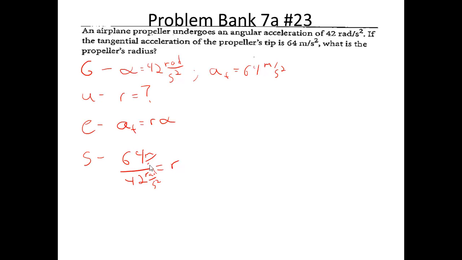Be meters per second squared. Our seconds squared will cancel, and we'll end up with meters per radian, which is 64 divided by 42, 1.52 or 1.5 meters.